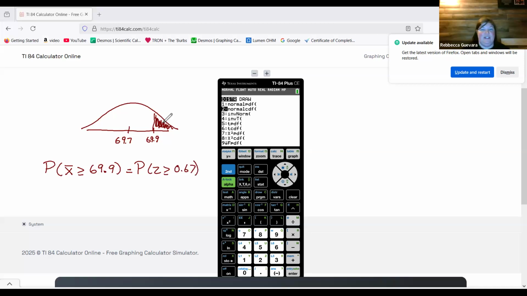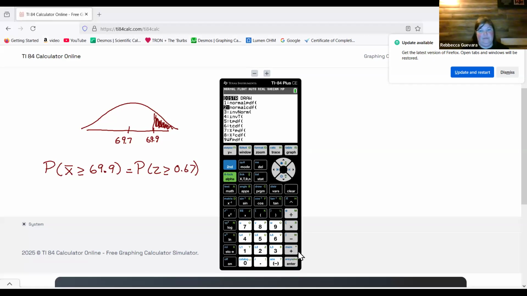So we're trying to find this area here. The lower bound on that area, if we're doing this with z-scores, is 0.67. The upper bound, as far as z-scores go, we just pretend this keeps going forever and ever. I do like 100. So we just need that probability.